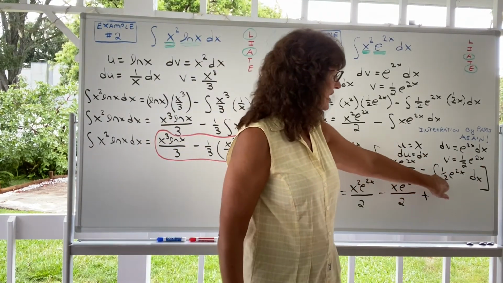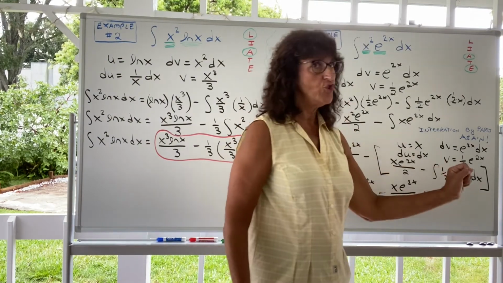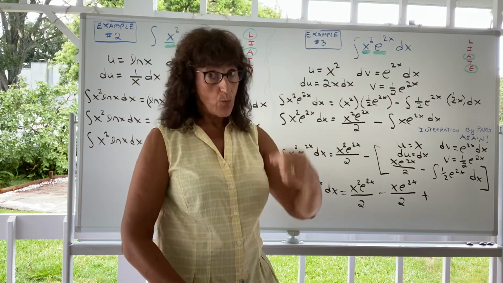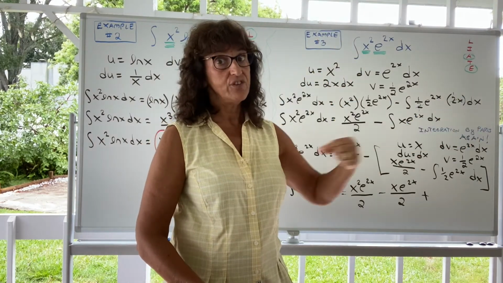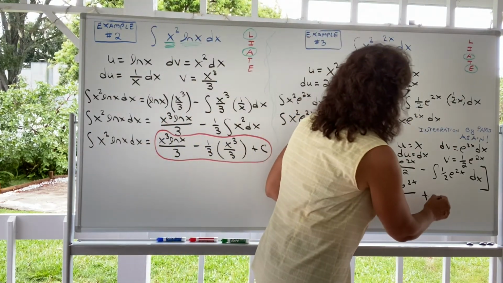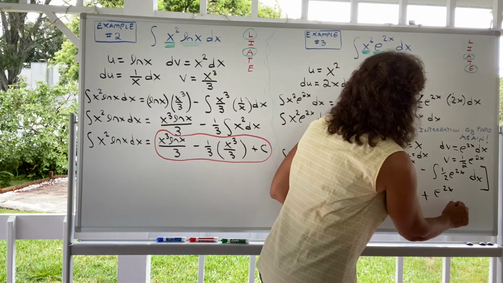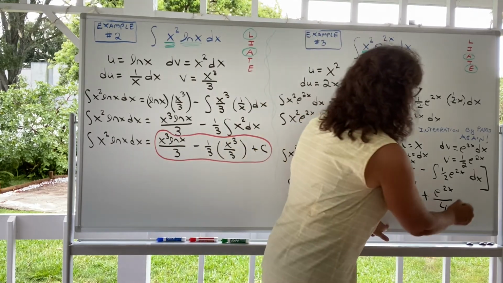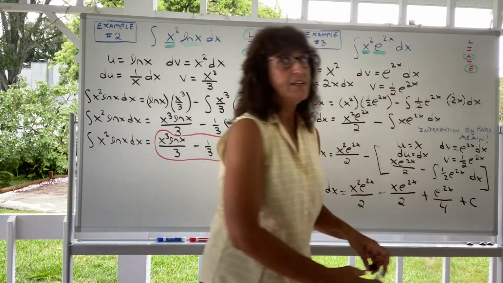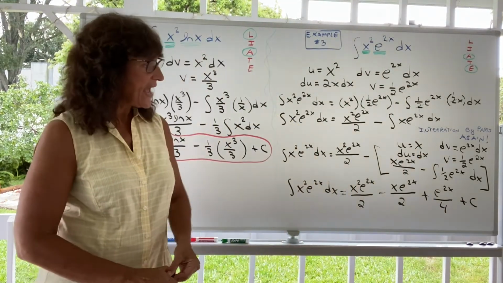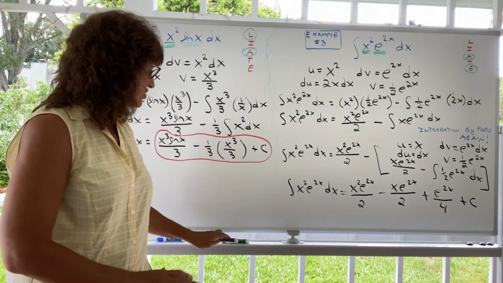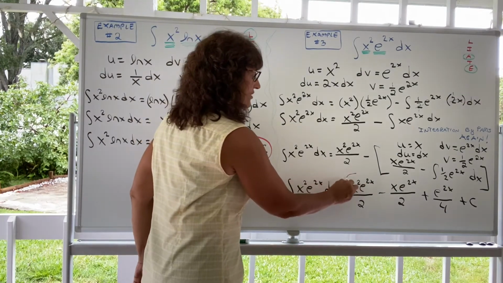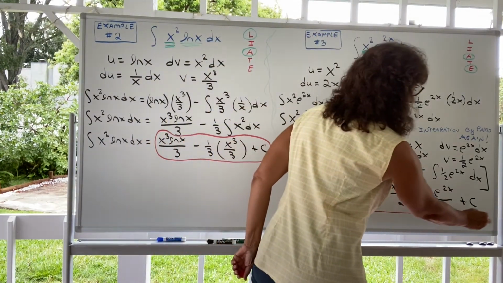When you integrate 1/2 times e to the 2x, you're going to have 1/2 times 1/2 e to the 2x. It generates another 1/2, so you end up with e to the 2x over 4 when you integrate this term. And then indefinite integrals are never complete until you add on that constant of integration. Don't forget plus c.